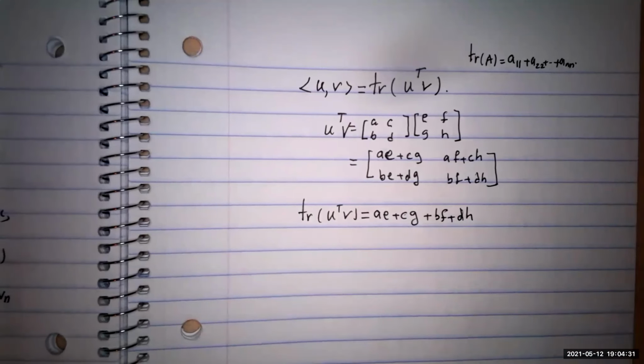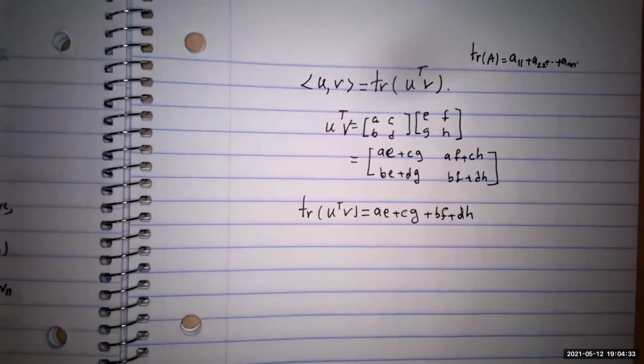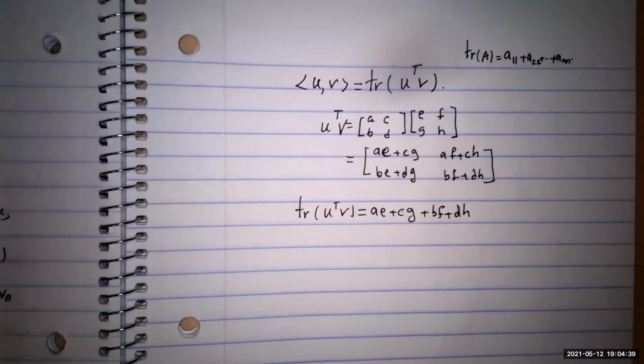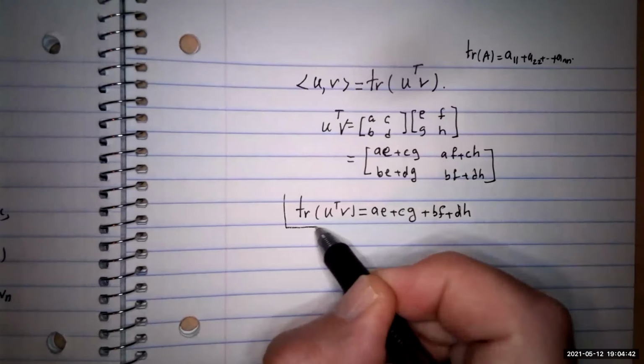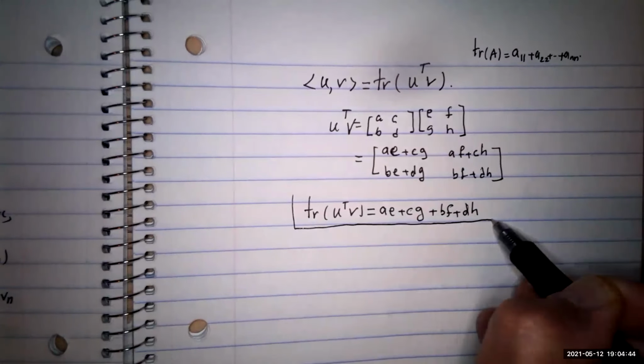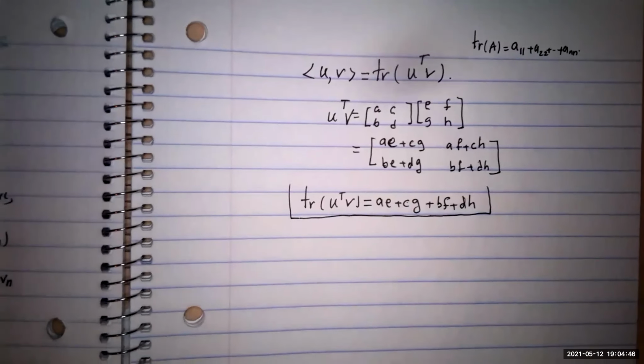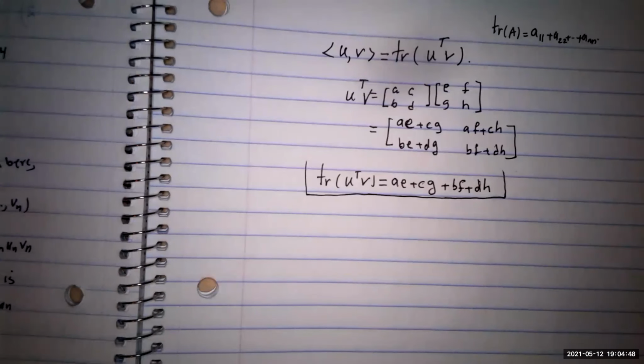That gives you the definition of the inner product: AE, CG, BF, and DH. In some books, they don't use the trace notation and give you this formula right away, but it is easier to remember in this format.